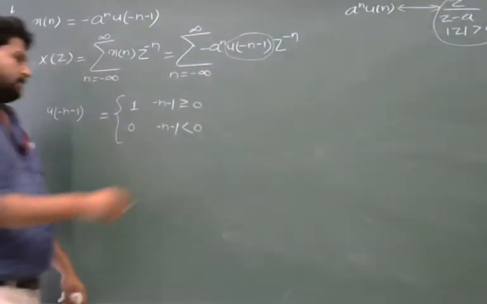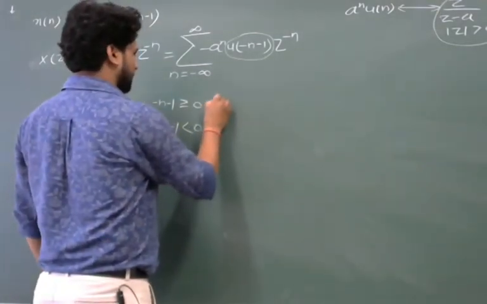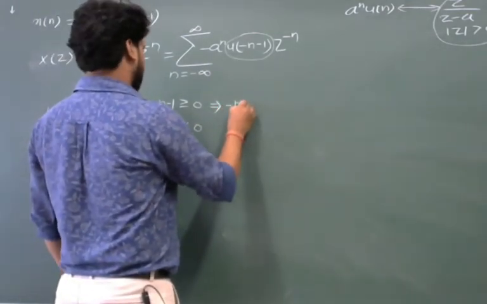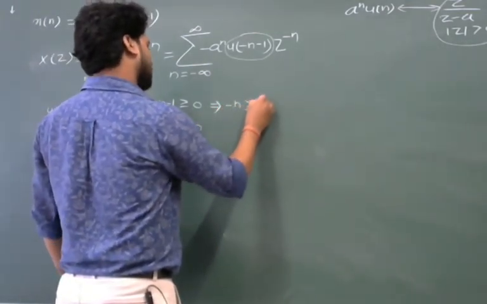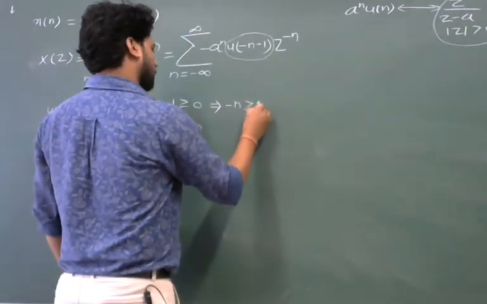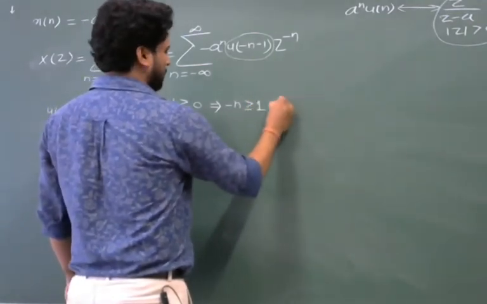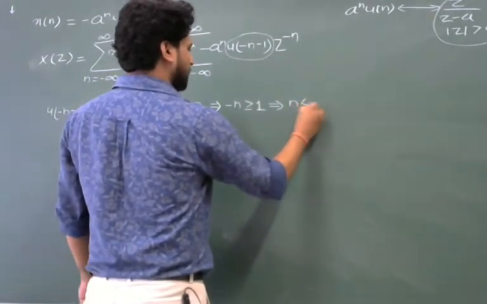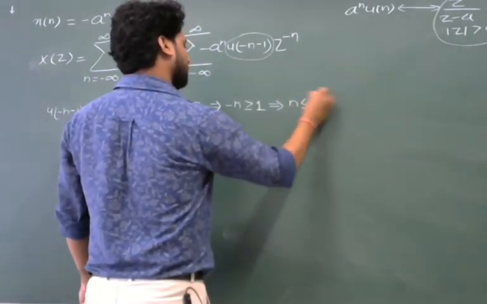From here we can get the limit. Minus n should be greater than or equal to 1, or we can write it as n should be less than or equal to minus 1.